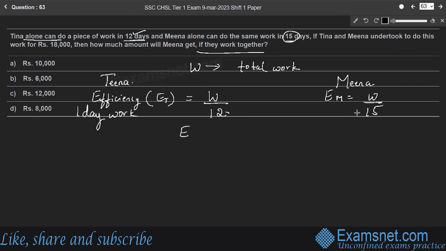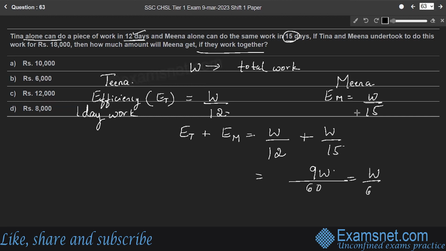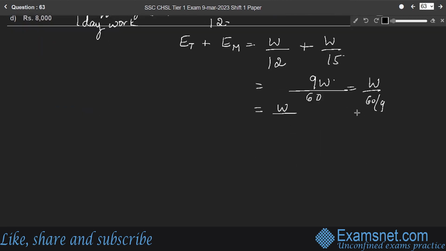Therefore, if they start working together, ET plus EM, right? In 1 day, Tina can do W by 12 amount of work, whereas Meena can do W by 15 amount of work. Here LCM is 60. So in the numerator, we'll get 9W by 60, which is nothing but W by 20 by 3. 20 by 3 is their 1 day work.